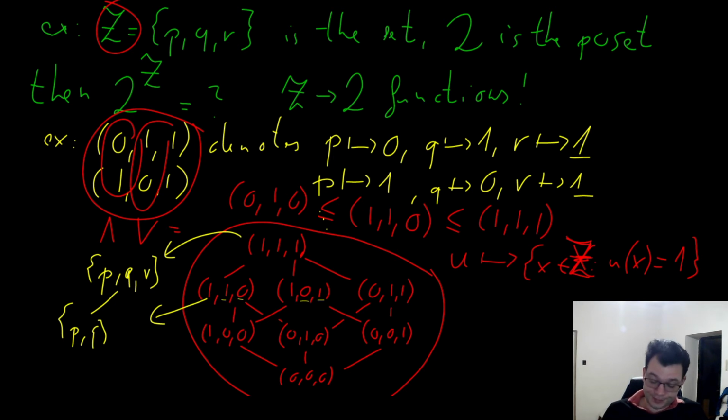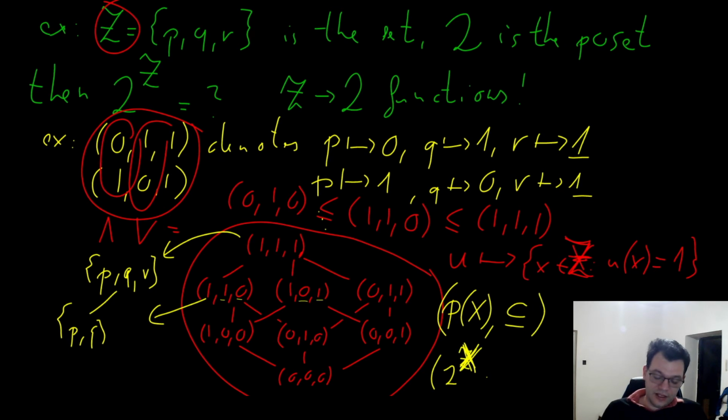Now it's fine. So it says that basically for any set X, the power set P(X) equipped with the subset relation is basically the same as 2 to the X equipped with the pointwise ordering. We can use this sign denoting they are isomorphic. So basically they are the same up to renaming of the objects themselves.